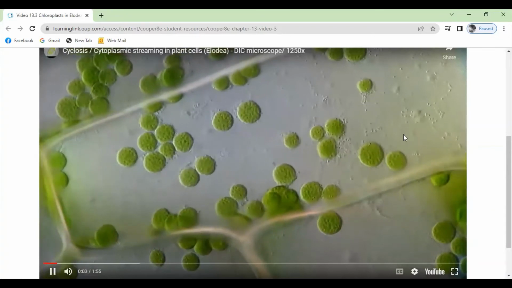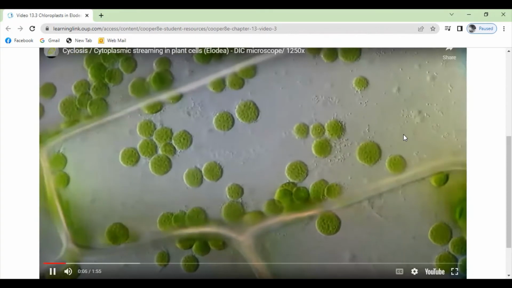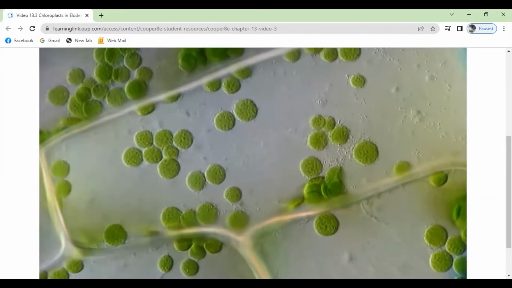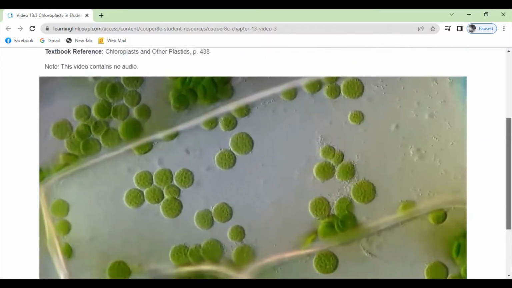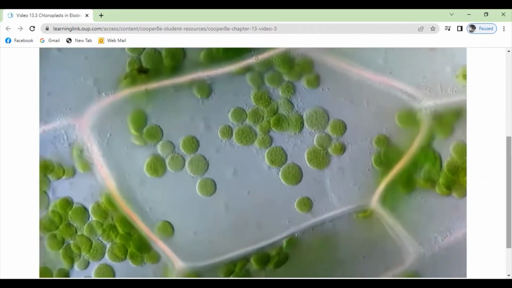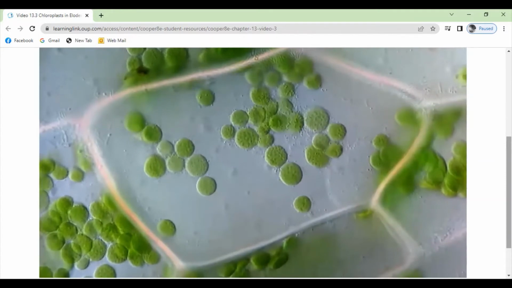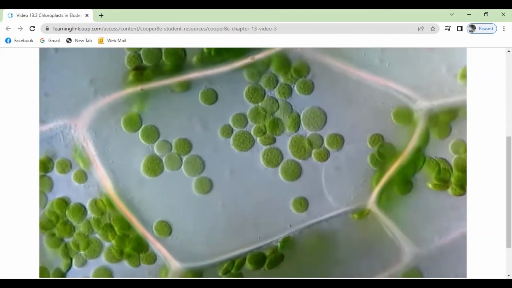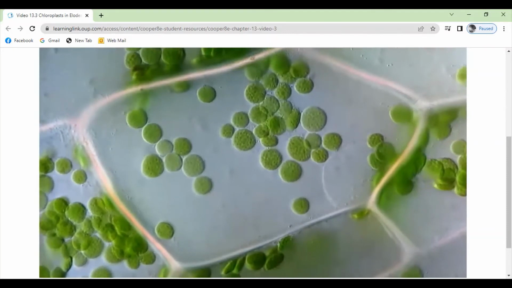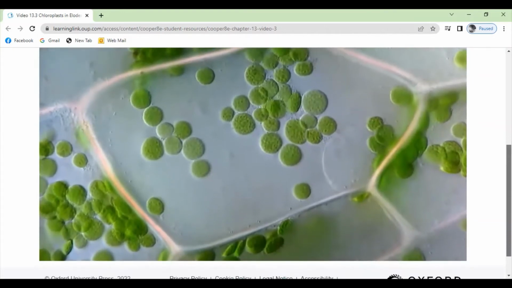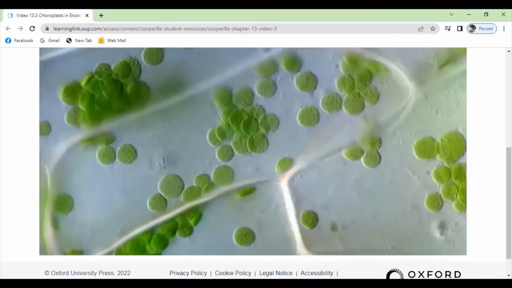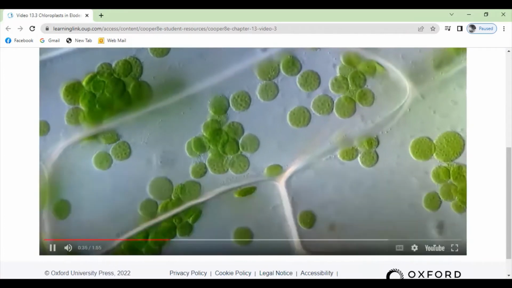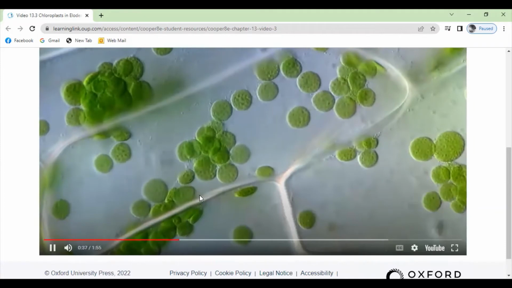There is no audio, okay? So what do we observe over here? These are your chloroplasts. So you can see that in one single cell, so many chloroplasts are present.